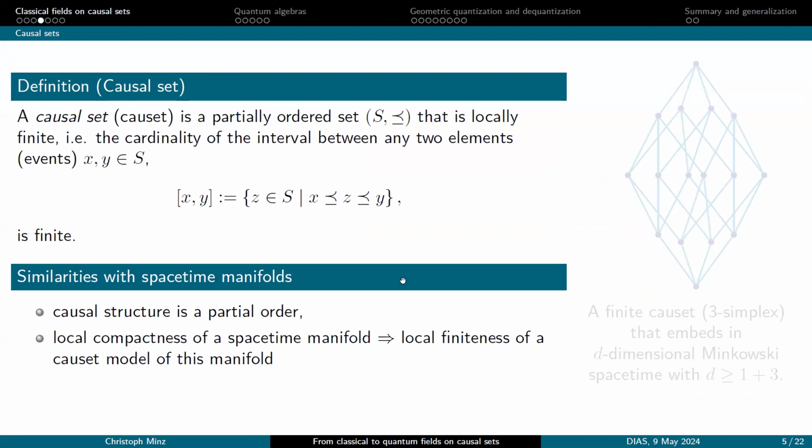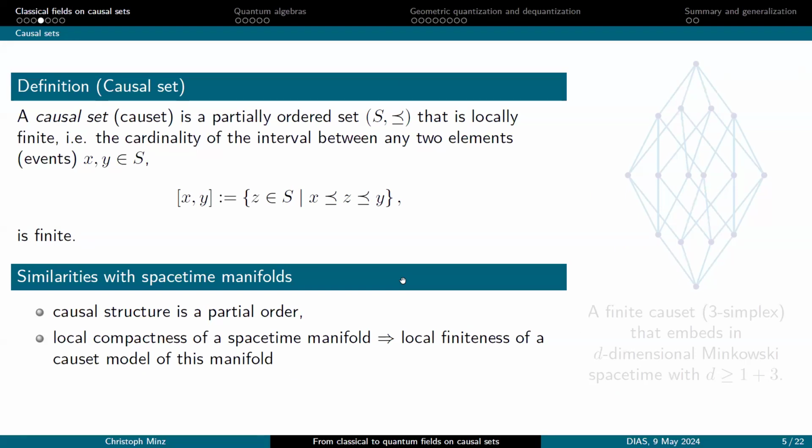Now, here's again the definition of a causal set. It's a partial order with a local finiteness property, so whenever you take any interval in the set, it has to be finite. This in fact corresponds to the notion of local compactness of the space-time manifolds that we usually consider in physics.